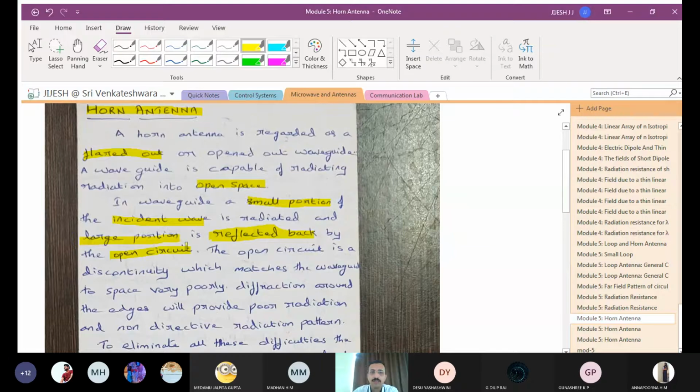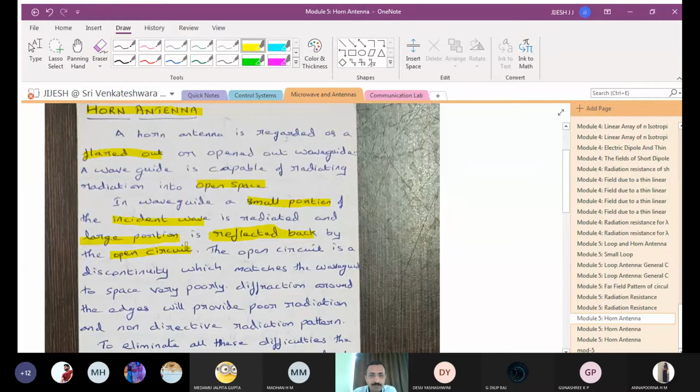I will show you how the horn antenna looks. The small portion of the incident wave is radiated and the large portion is reflected back by the open circuit, so it is flared out. The antenna is regarded as a flared out or opened out waveguide.